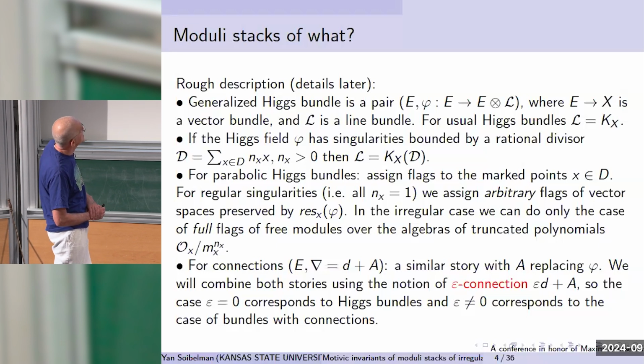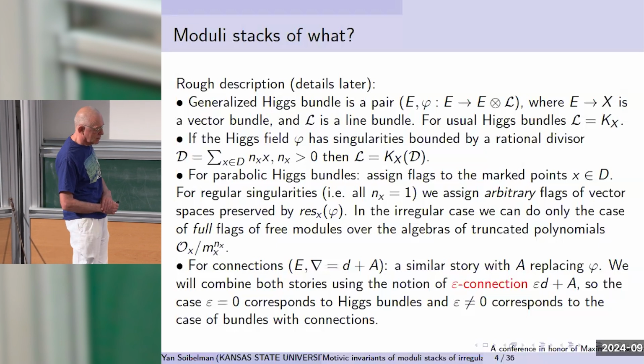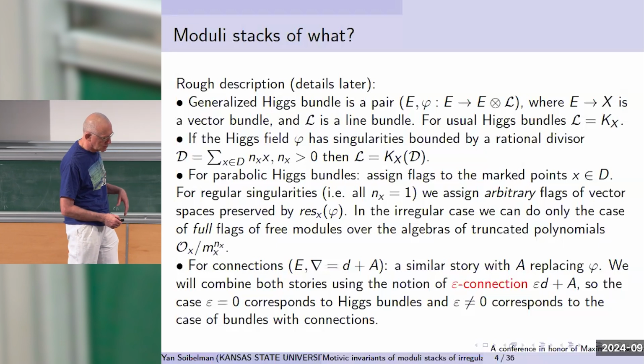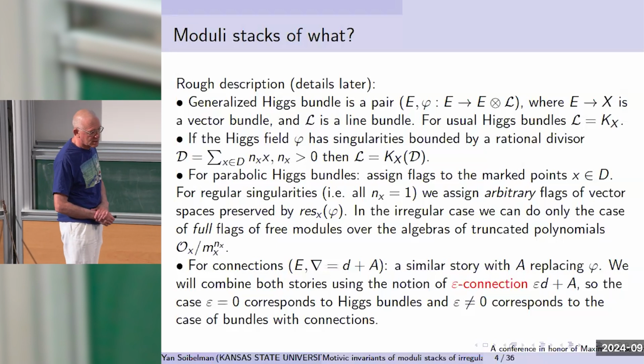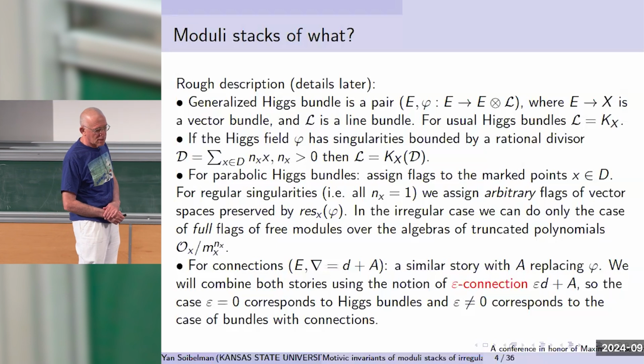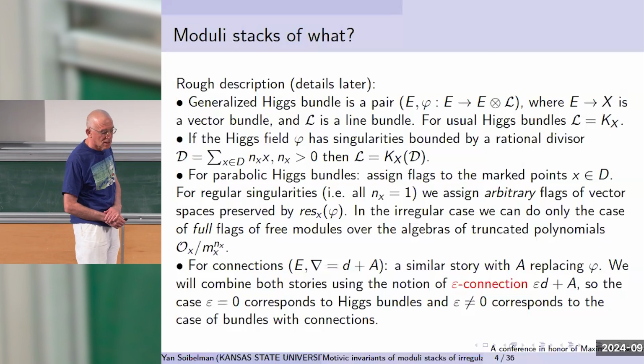In the regular singular case, when all the multiplicities are equal to 1, which means that the Higgs field or the connection has a pole of degree 1 at most, we will consider arbitrary flags of vector spaces.